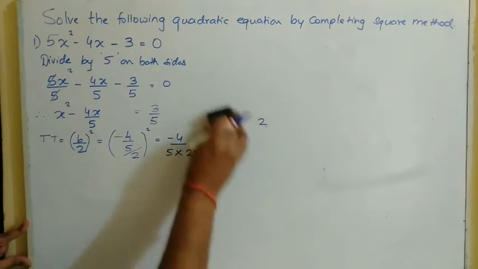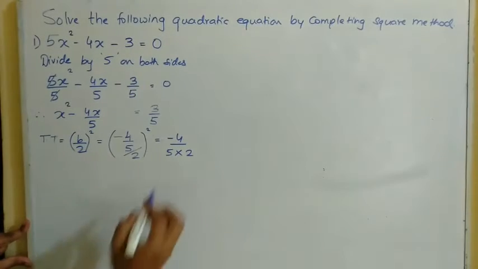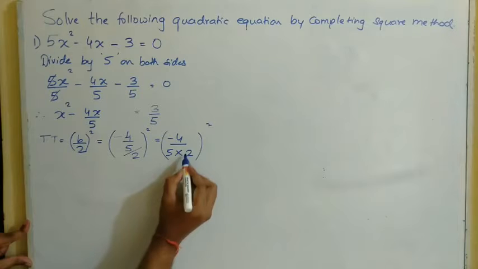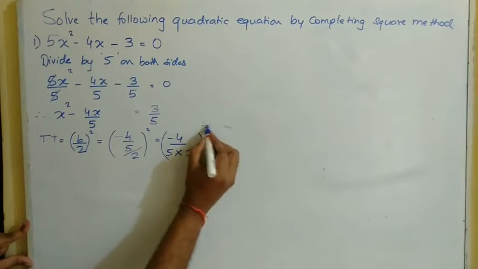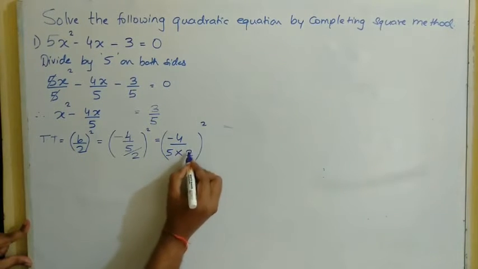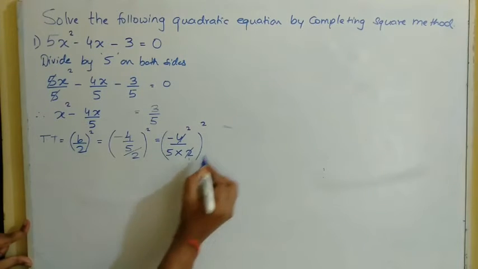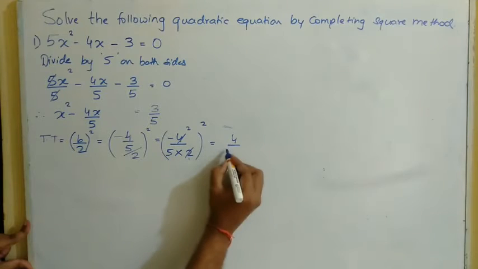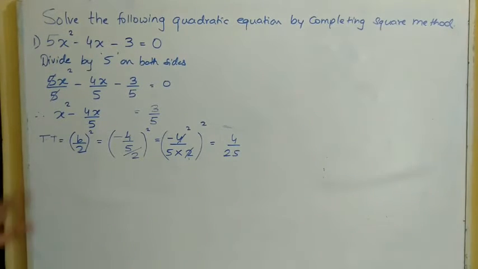So now I am going to take its square, and now I can cancel this also. 2 ones are 2, 2 twos are 4. So the square of minus 2 upon 5 is 4 upon 25. So I will add this on both sides.